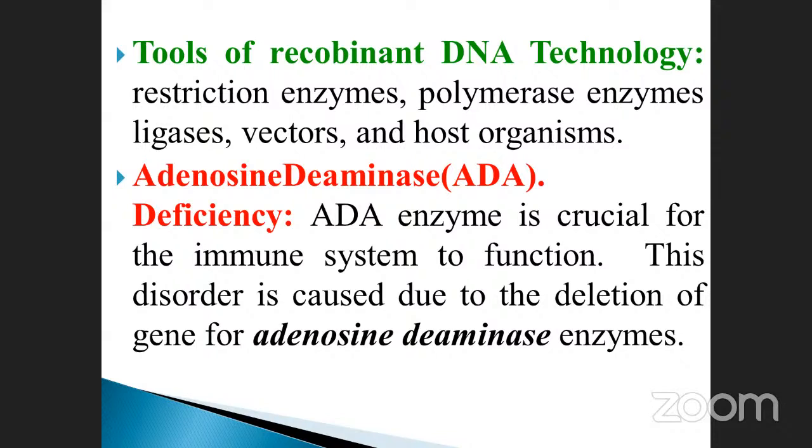Don't forget, ADA is mostly used for immune system functions. The disorder means chromosomal or DNA abnormalities. Deletion means complete removal of the particular gene, and that gene is responsible for adenosine deaminase. Don't forget.